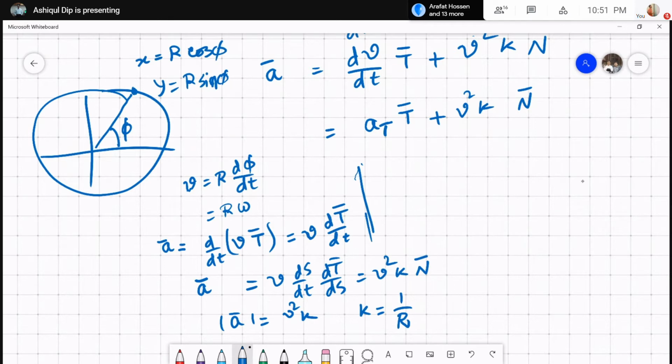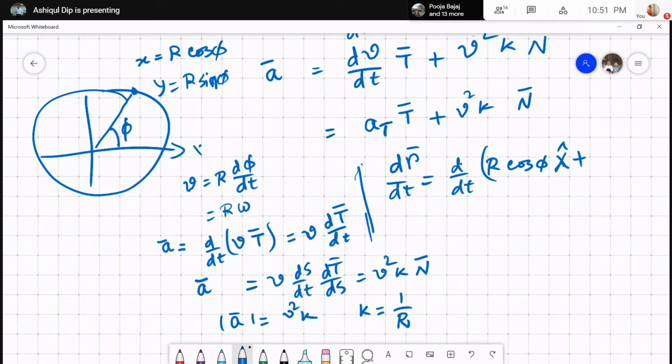So position vector, rate of change of position. The rate of change of the position vector, dr over dt, is d/dt of r cosine phi x hat, or e1. I would write x hat, it's convenient for me. X hat is this direction, and y hat is this direction.